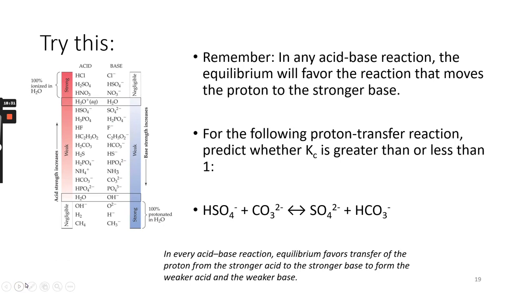So let's try this one here. I copied this from the last slide just to reiterate it. In an acid-base reaction, the equilibrium will favor the direction that moves the proton to the stronger base. So for the following proton transfer reaction, predict whether your equilibrium K is greater than or less than 1. So let's look at what we have here.